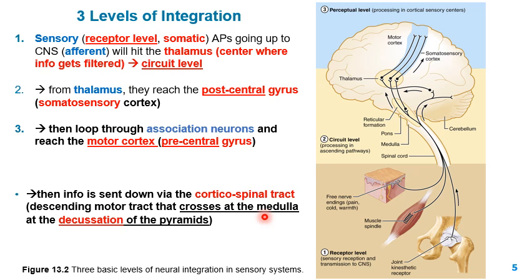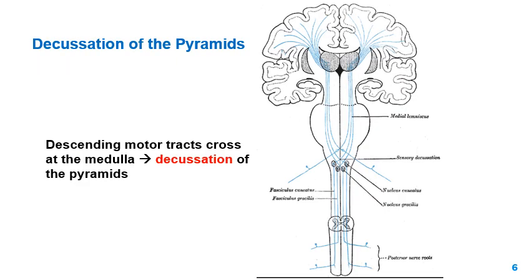That point is what you call the decussation of the pyramids, and this is right here. Okay, so here at the medulla, you have the tracts that are coming from the cortex, and at this point they are going to cross over to the other side, and this is the decussation of the pyramids. That's the point right there. Contralateral coordination.